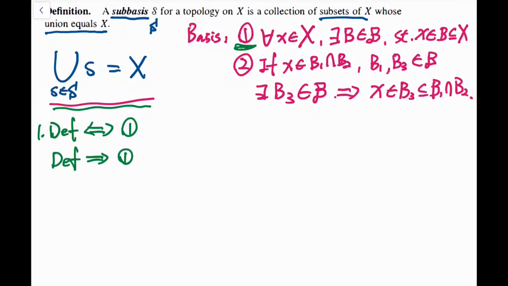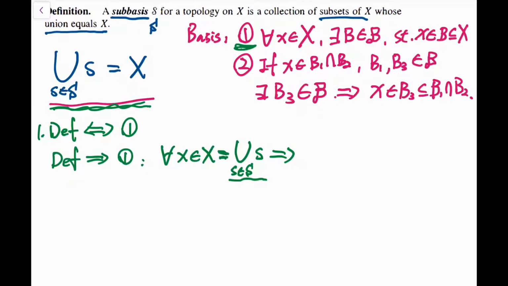And the way we do that is, we assume any x from the set X. Then, because X, according to the definition of subbasis, is a union of the subbasis elements, x should be an element of this union, right?